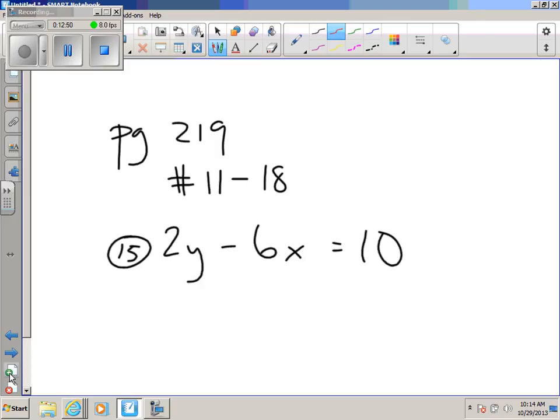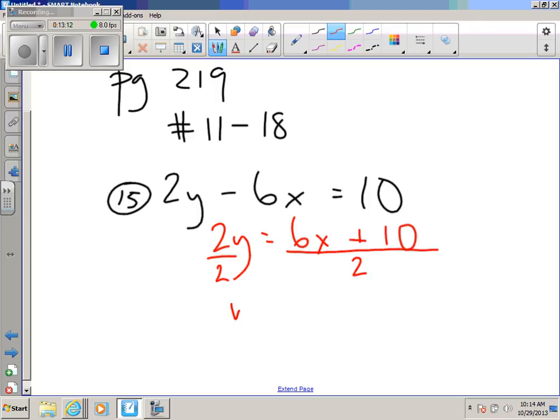Raven? Let's add 6x. Okay, Mark? Now, in order to get y by itself, I'll have to divide by 2 because the 2 is attached with the y. So from there, y will equal, can both of these be simplified? Are they both even? So I should have what? And you're set. Okay?